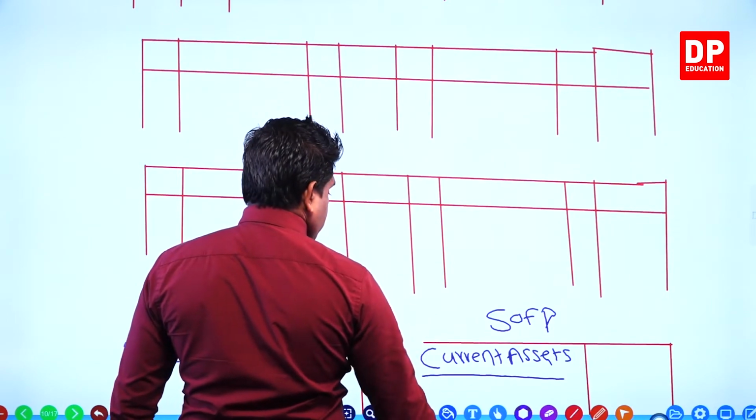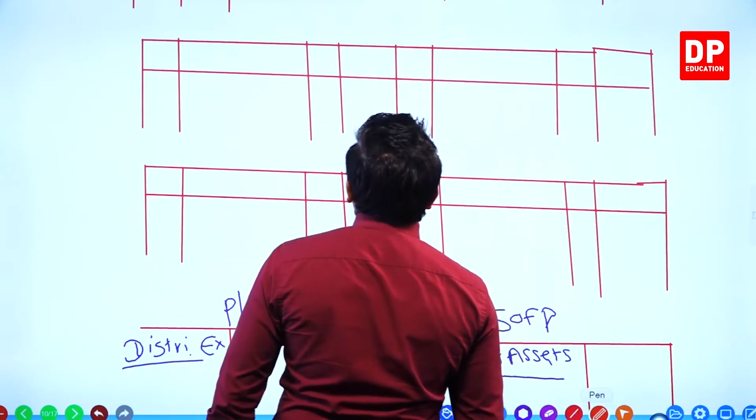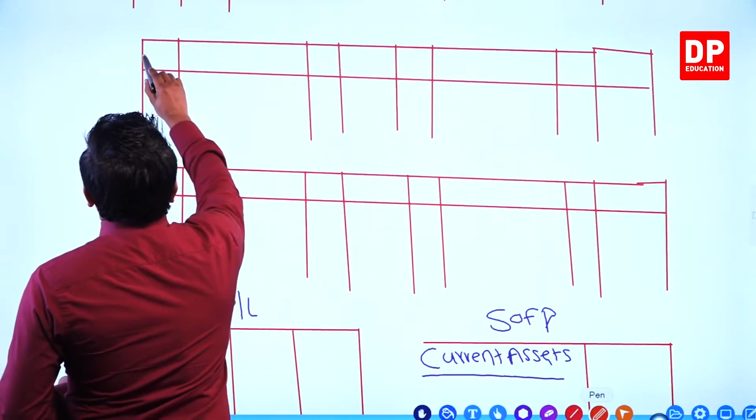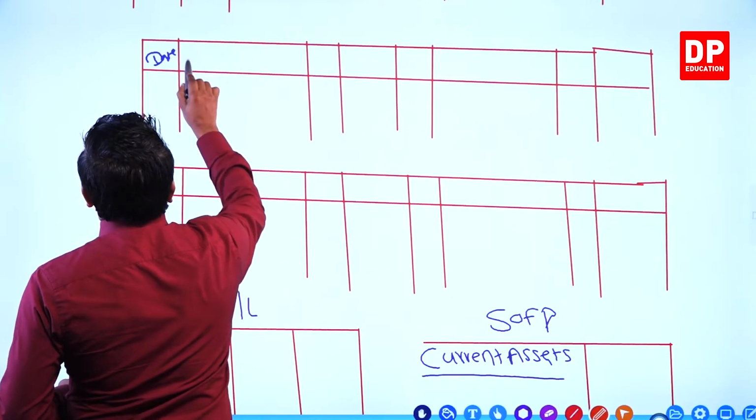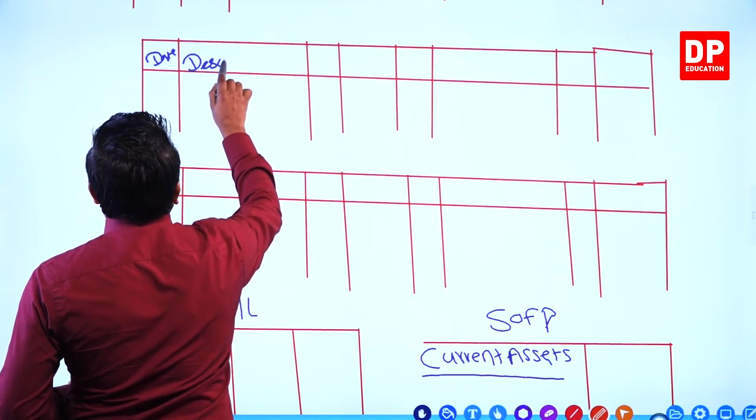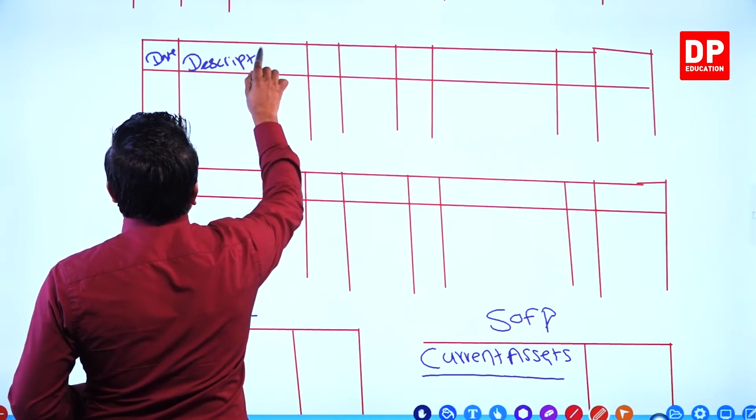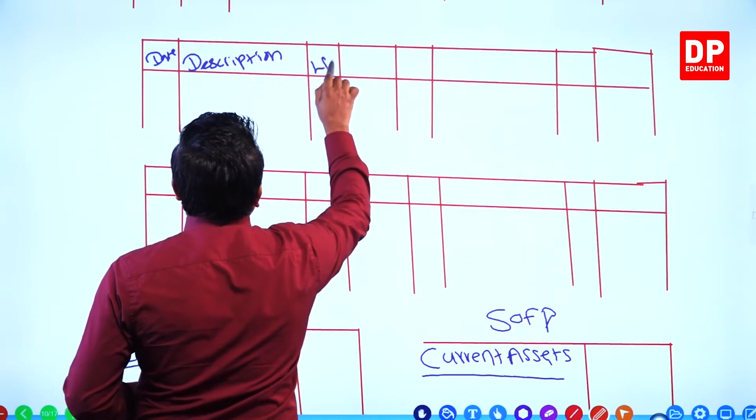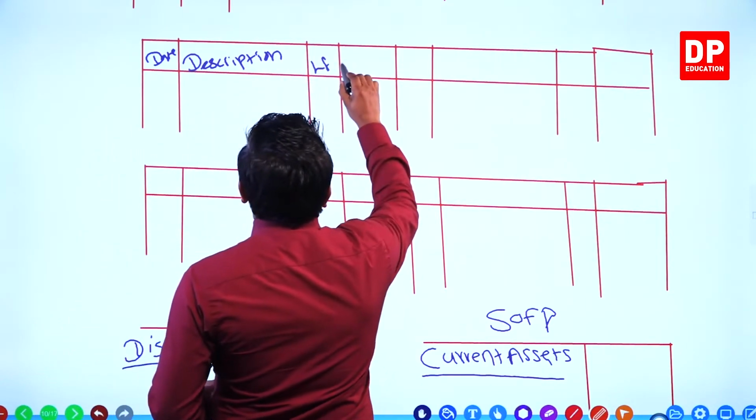Then ledger accounts. Date, description, ledger folio, value.